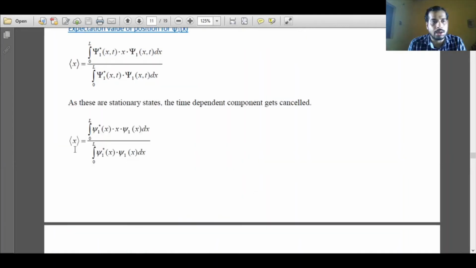And what is the wave function for the first eigenstate? Suppose I am considering the first eigenstate psi 1, then here I have written psi 1 star and psi 1, but suppose we are considering the general nth state, then the eigenfunction for the nth state is root over 2 by L sin n pi x over L. I am repeating, I am considering the general nth state, not any particular state.